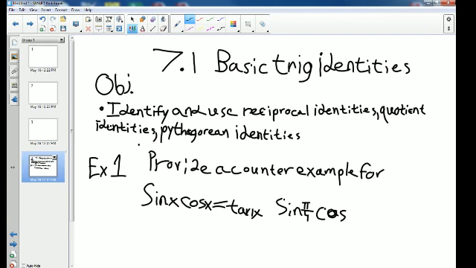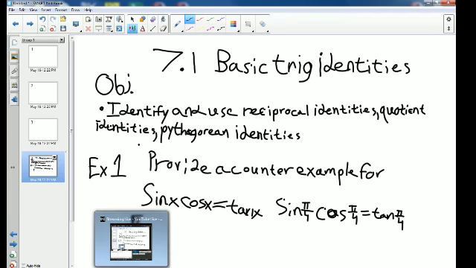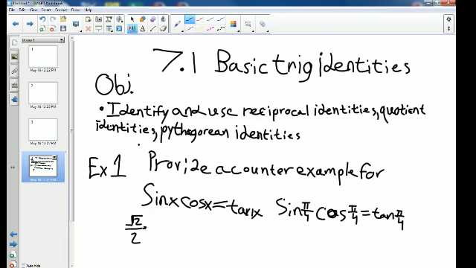So I'm doing sine pi over 4 times cosine pi over 4 equals tan pi over 4. And we're trying to find a counterexample for this, not an example. Like I said before, sine pi over 4 is square root of 2 over 2, and cosine pi over 4 is root 2 over 2.